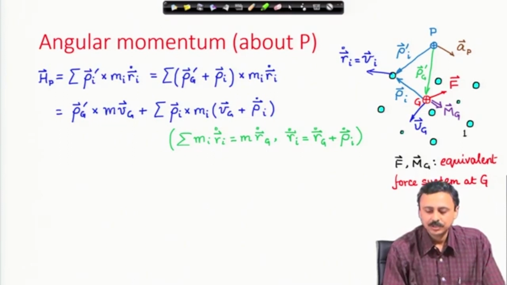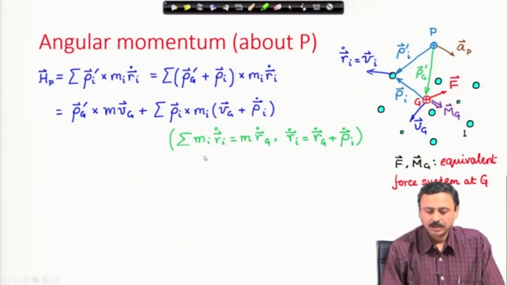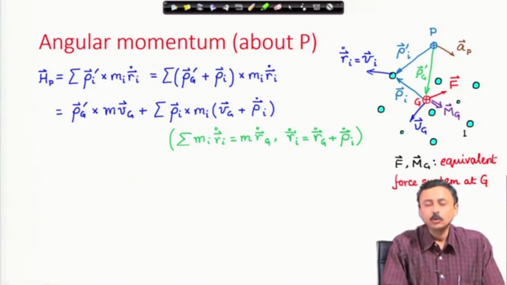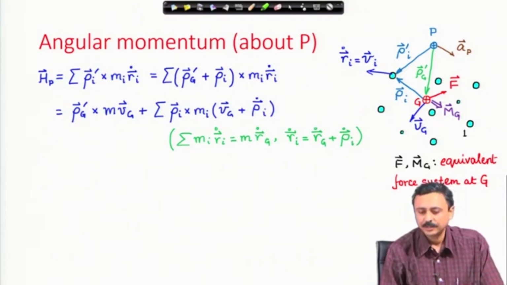Here I have used, as I just now told you, summation of m i r i dot is equal to total mass of the system times the velocity of center of mass, and r i dot as velocity of center of mass plus relative velocity.